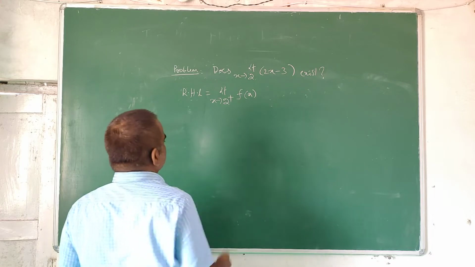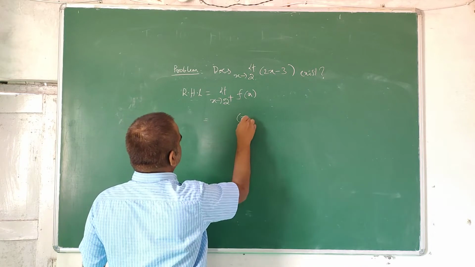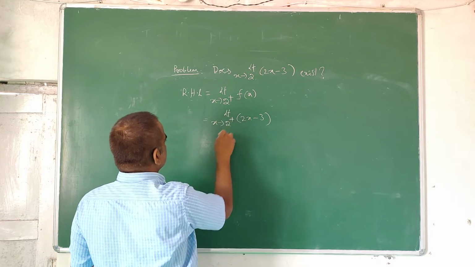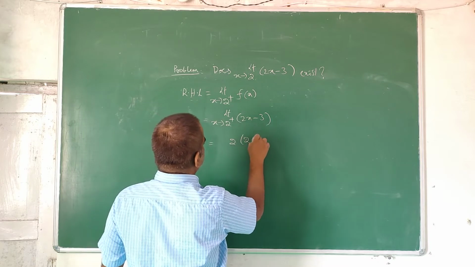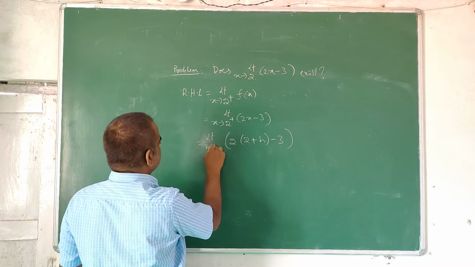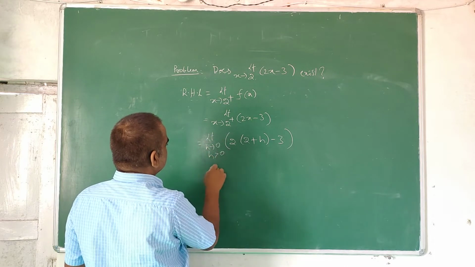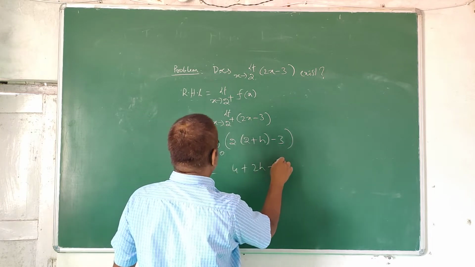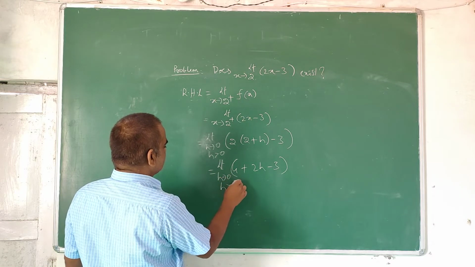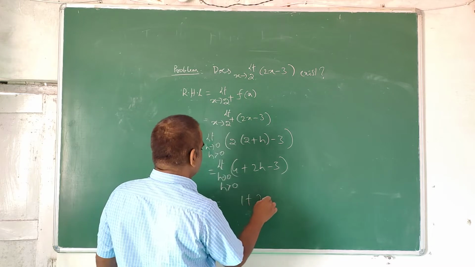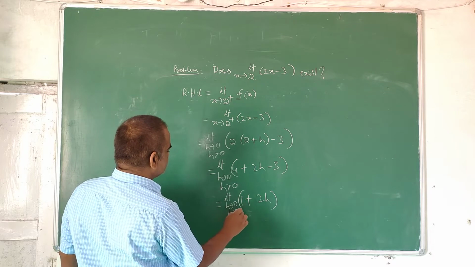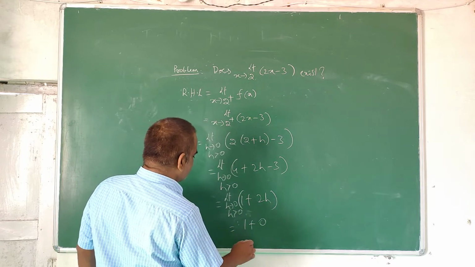RHL means f of x, that is 2x minus 3, limit x tends to 2 plus, which is equal to 2 into (2 plus h) minus 3, limit h tends to 0, h greater than 0. So 2 into 2 is 4, plus 2h minus 3, limit h tends to 0, h is greater than 0. 4 minus 3 is 1, 1 plus 2h, limit h tends to 0, h greater than 0, which is equal to 1 plus 0, which is equal to 1.